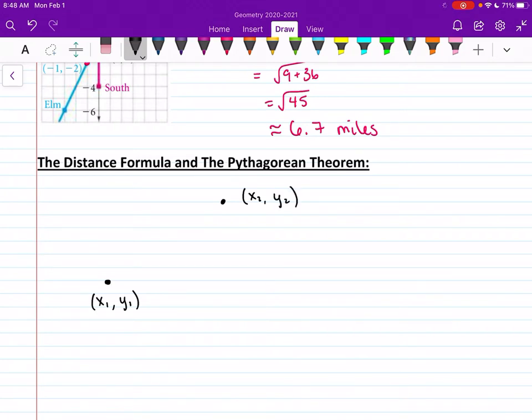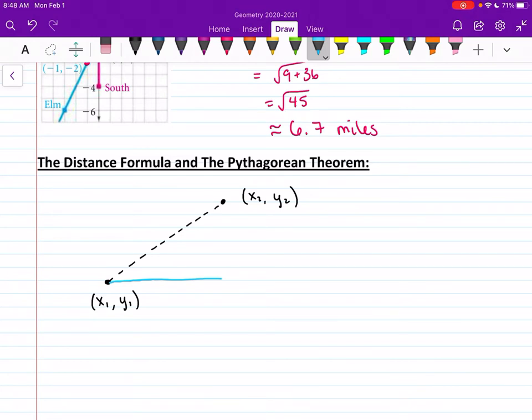The distance formula says in order to find the distance between them, the first thing I need to do is find the difference in the x's.